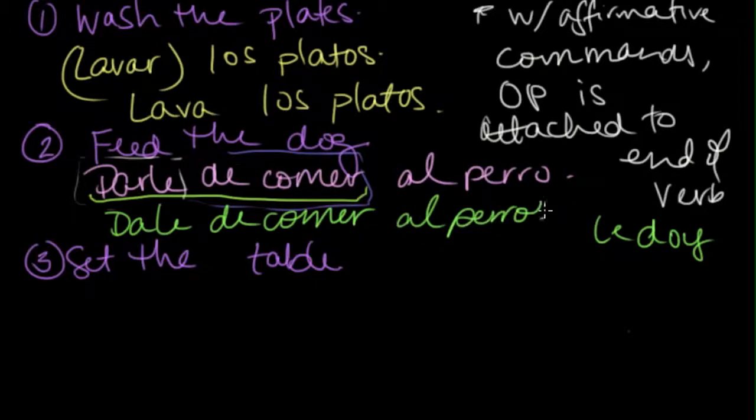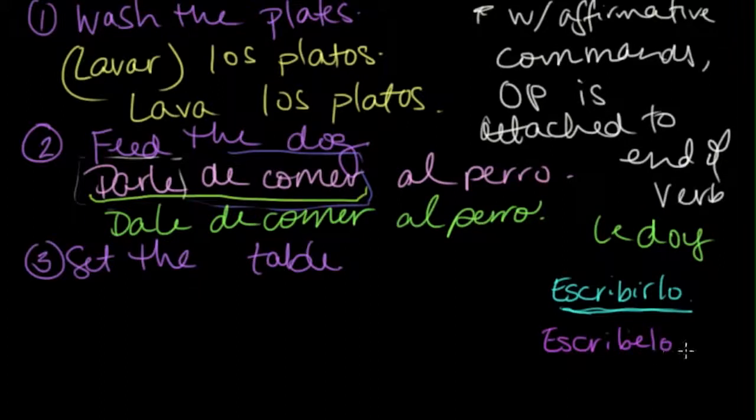Now, another thing you should note, and it doesn't apply in this case because of the way Spanish pronunciation works, but if you have a verb that is not monosyllabic, like da, for example, how about we want to say write it? So we would have escribir, lo, assuming it's masculine. So this would be our infinitive form of that. And if we want to conjugate this, we would have something looking like this.